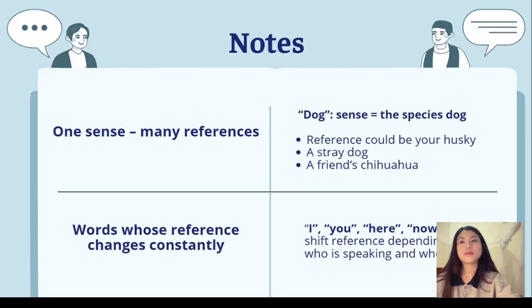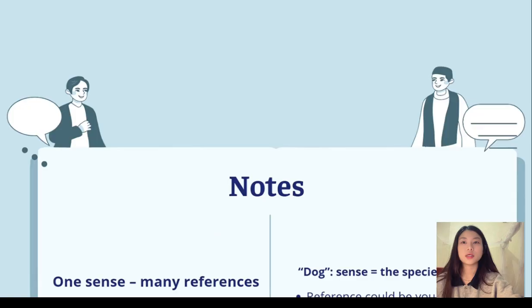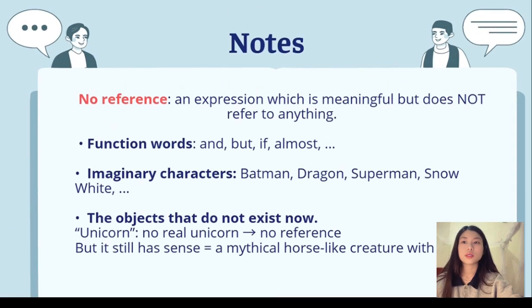Some words have sense but no reference, like function words, or imaginary characters such as Batman, Dragon, Superman, Snow White, and objects that do not exist now, like the unicorn. There is no real unicorn, so it has no reference.